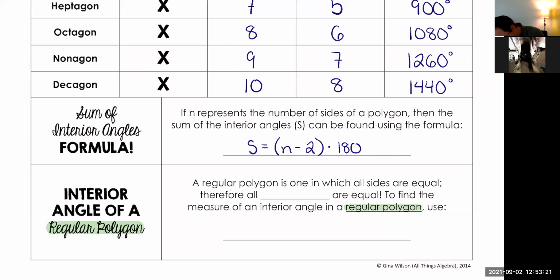Regular polygon. What a regular polygon is, is a shape with however many sides it may have, but every one of those sides is congruent. So for example, our regular polygon for a quadrilateral would be a square. All 4 sides are the same.